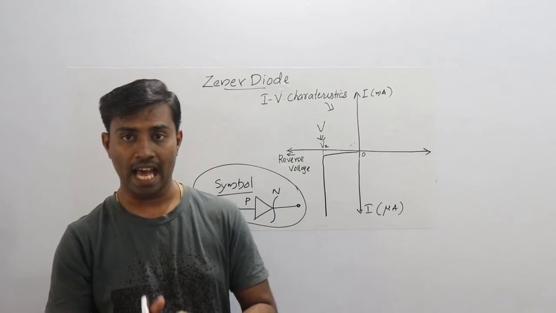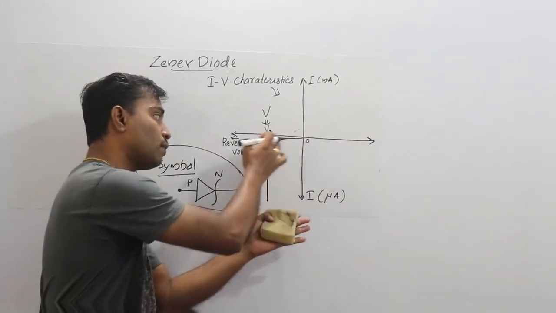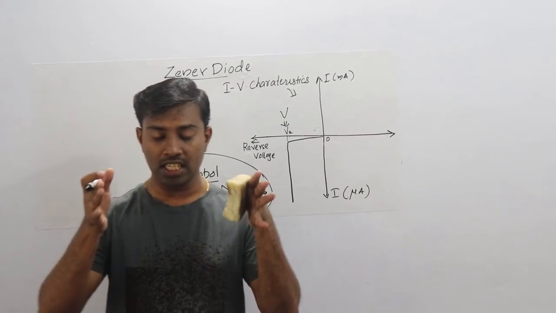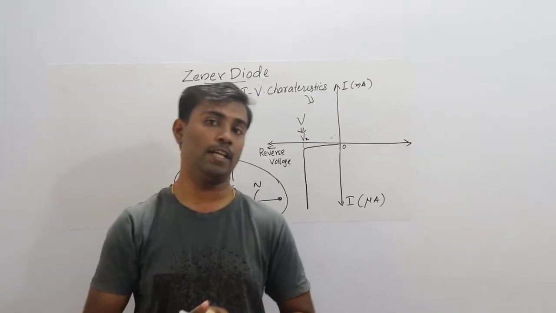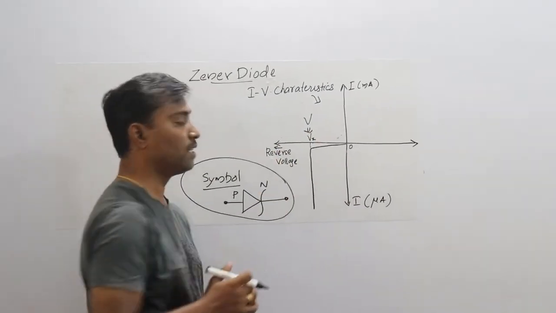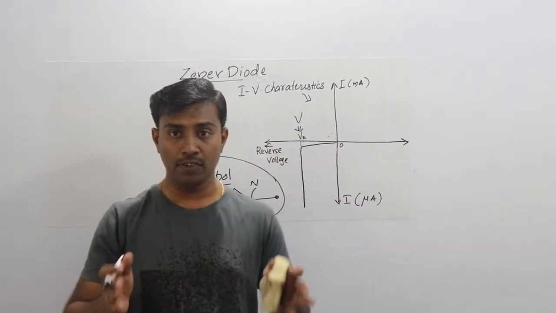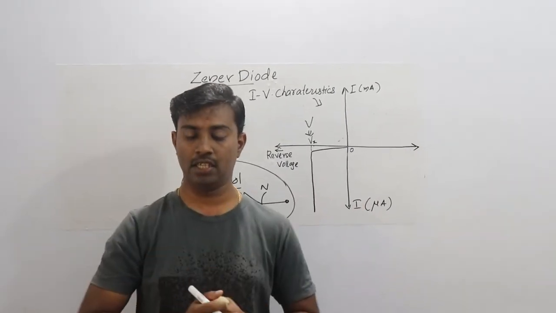As the reverse voltage increases, the electric field in the junction increases significantly.